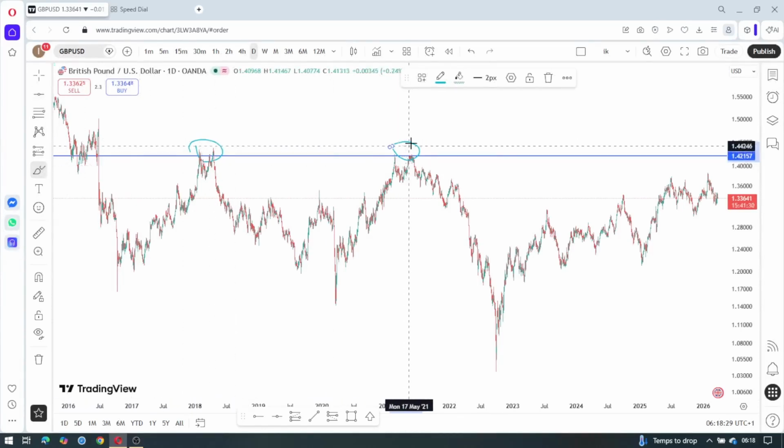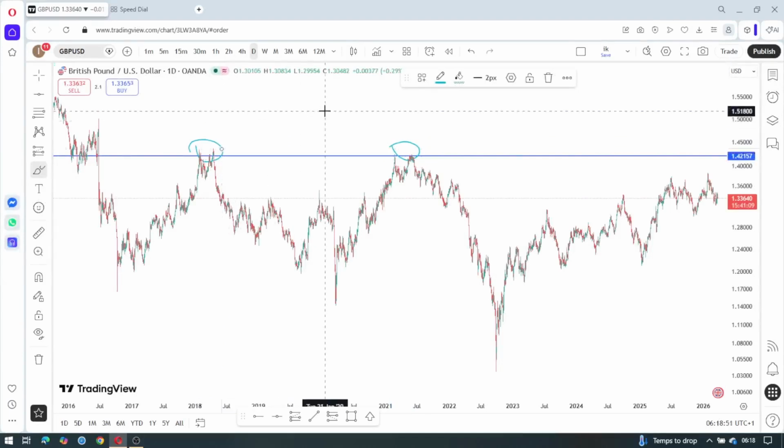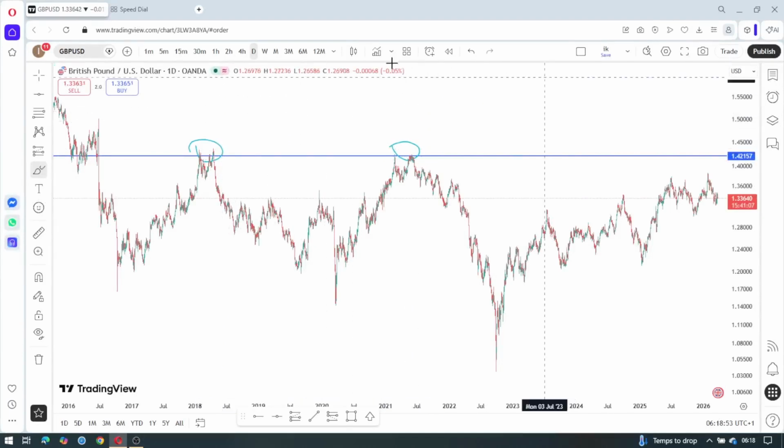So this zone and this zone are the same, as well as this zone here. If this is our resistance, we can say that at this point it turned from support to resistance. What I'm teaching you is just for you to know how to mark this out.